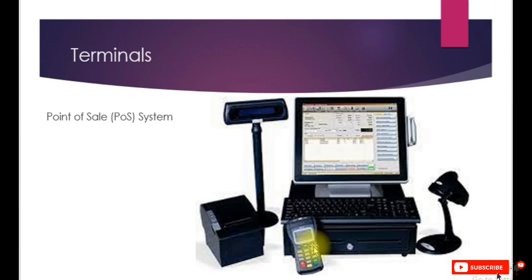So it has to tap into your bank account to see if you have the amount of funds before the transaction can be approved. And if it is approved, then that amount of the transaction will be deducted from your bank balance and recorded at your bank. So that is really what makes it a terminal.